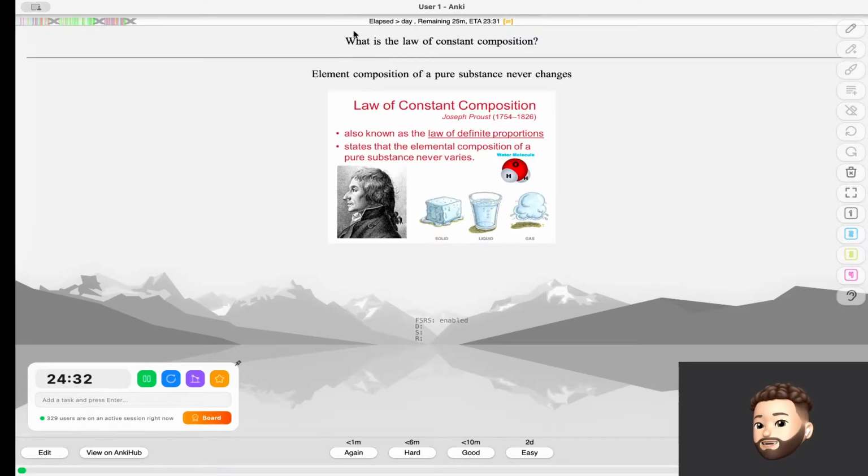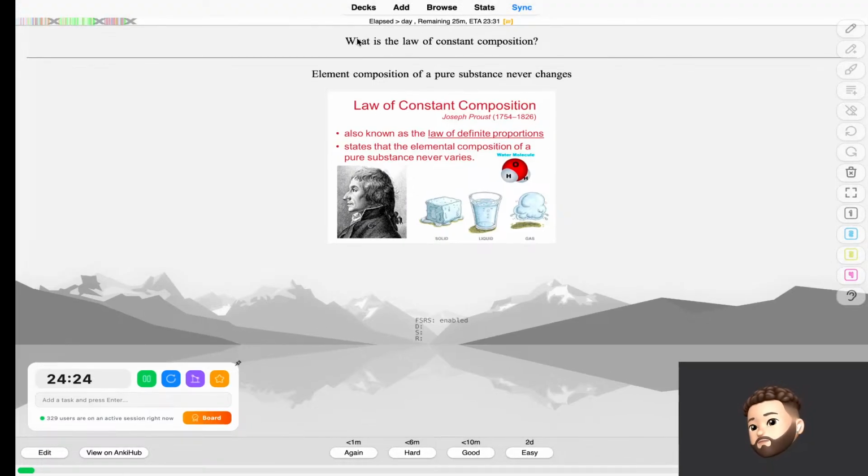Like what does that mean? I'm kind of confused. What is the law of constant composition?